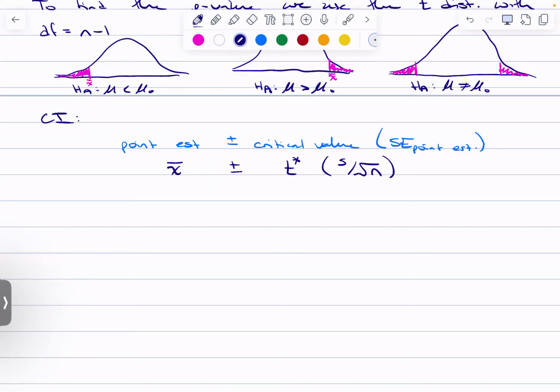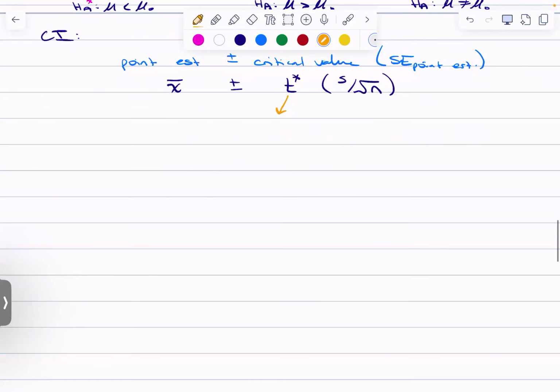So here, let's talk about what this is. My negative T star and my positive T star, all right, is what captures my confidence level.